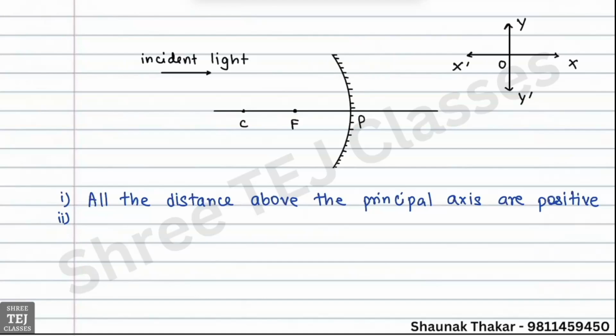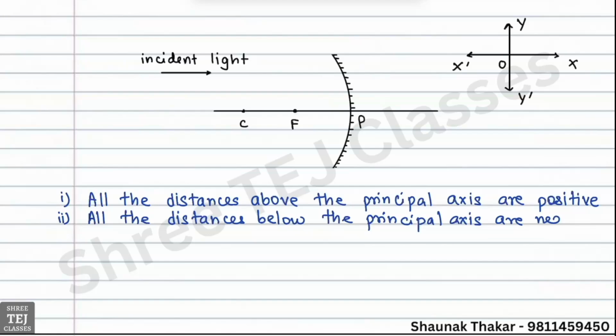All the distances below the principal axis are negative. So all the distances above the principal axis positive, below the principal axis negative. The point of reference is the pole of the mirror, which is the center of the reflecting surface.